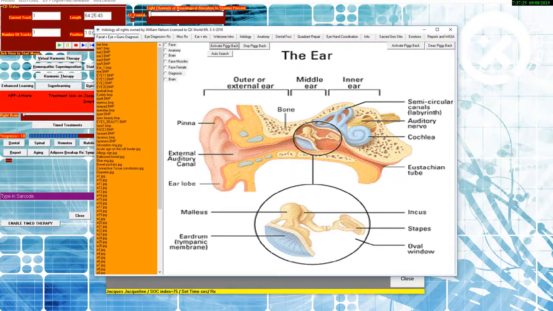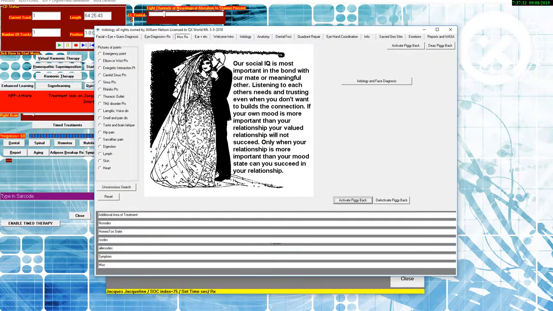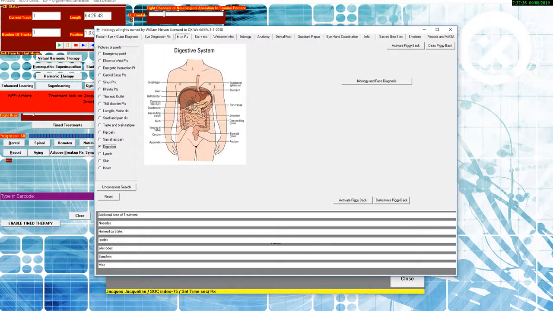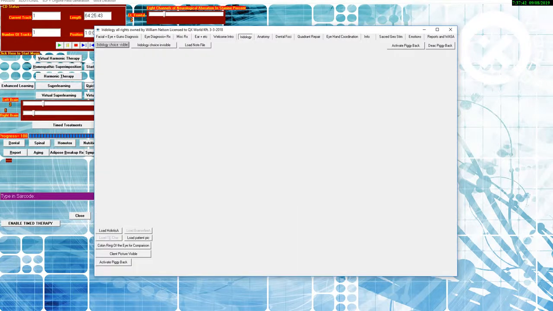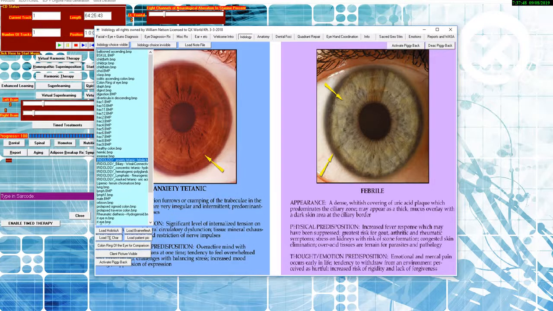Again, I can work on the brain here, and this will be in parallel. I can work on the lymph, whatever, or the digestion. We can activate all those programs. Iridology, I could look at the lymph. I could look at something about anxiety or something like that.